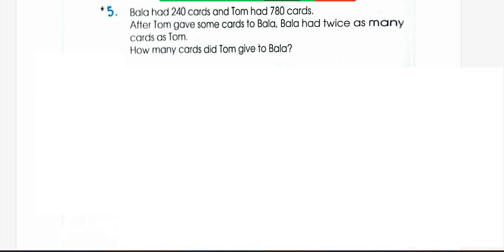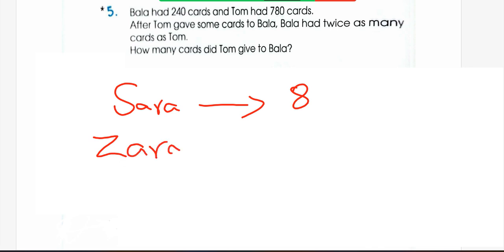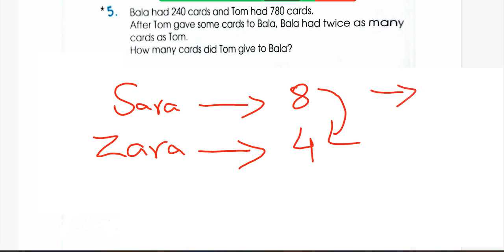For example, if Sarah has 8 pencils and Zara has 4 pencils and Sarah gives 2 pencils to Zara, then Sarah will have 6 pencils and Zara will also have 6 pencils, right?